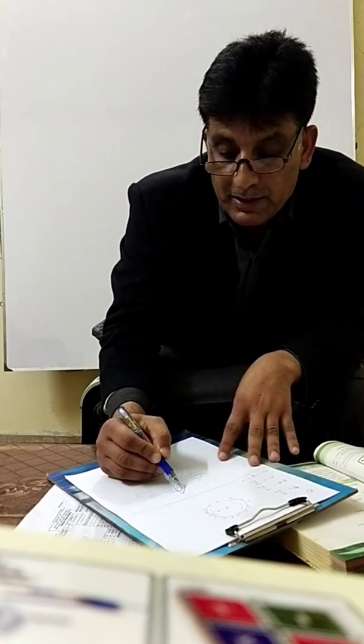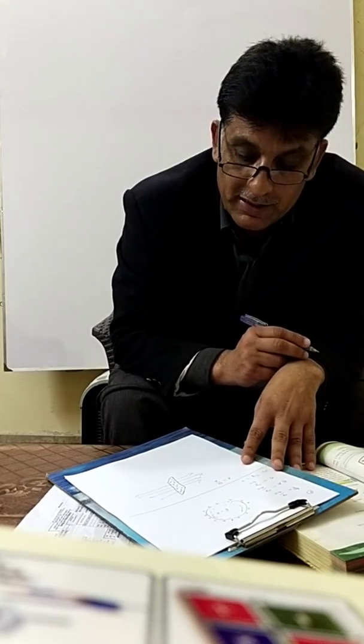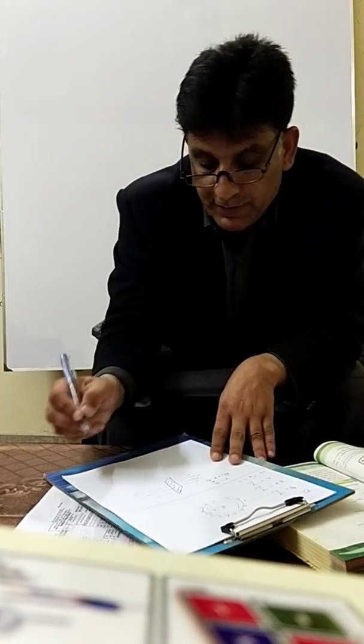Let the surface charge density of this plate be sigma, and sigma is the total charge per unit area. So the total charge on the plate will be sigma into A.